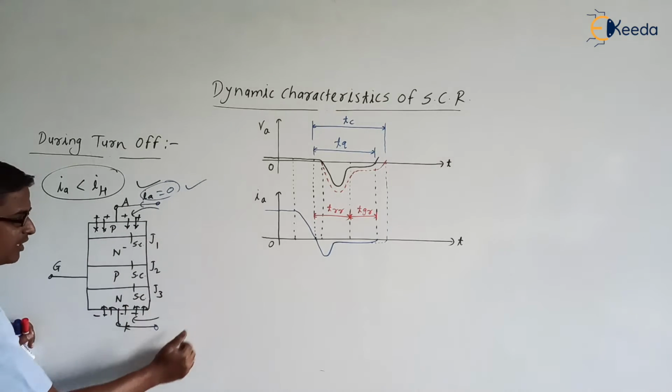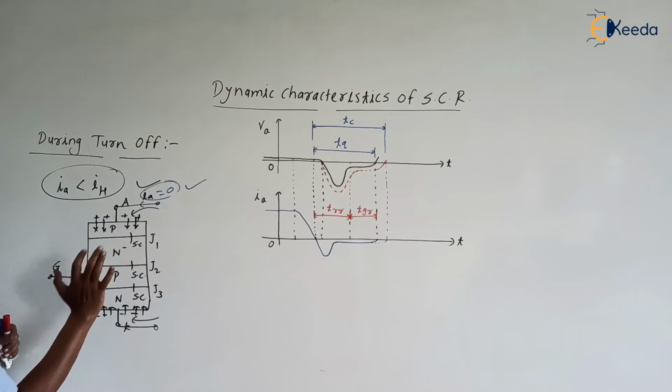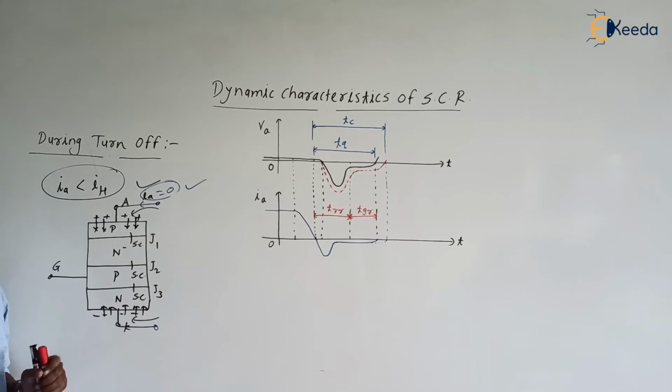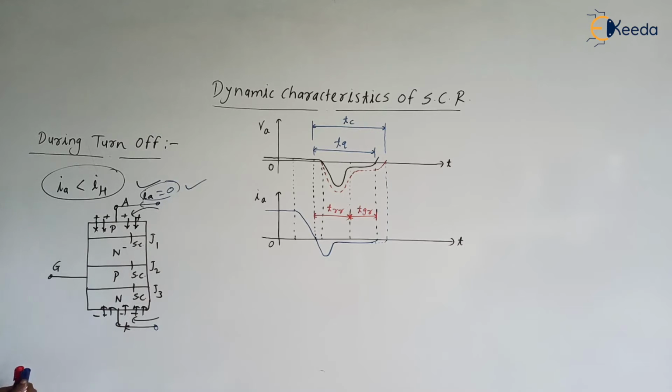Similarly, from the negative plate the electrons are injected into all the 4 layers. Means all the 4 layers consist of added charge carriers, right? We need to remove those added charge carriers. Where did they come from? The added charge carriers came from the source only.